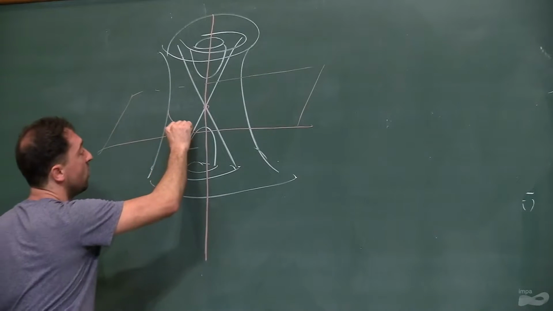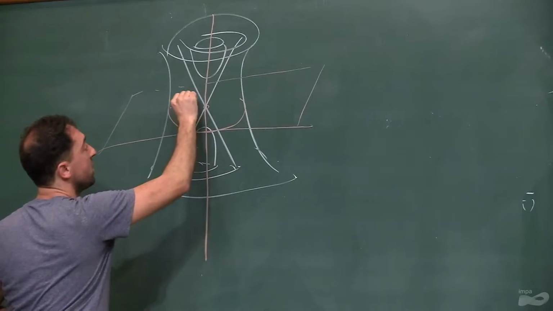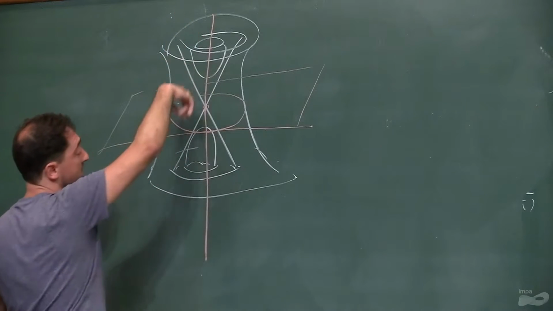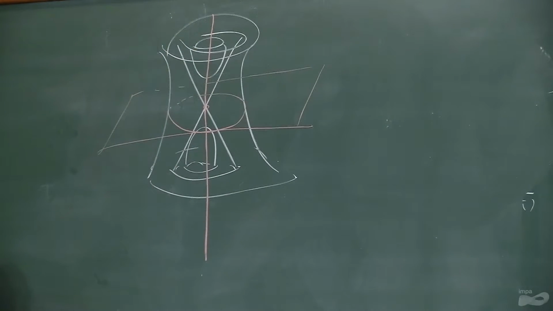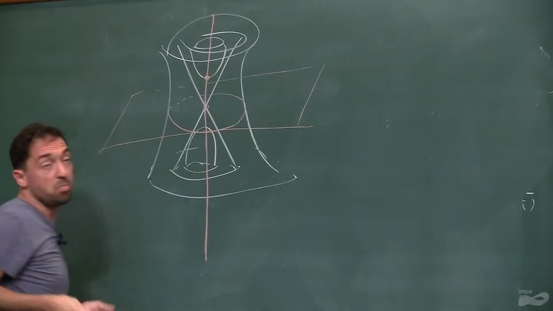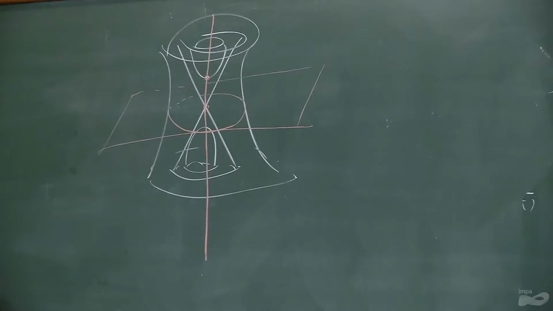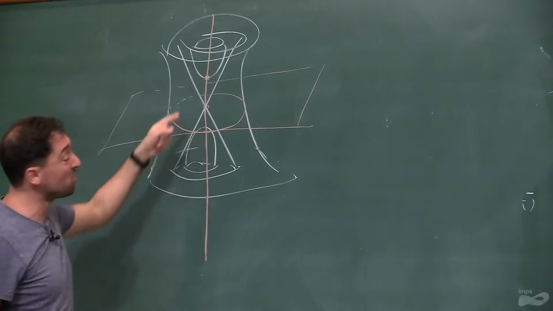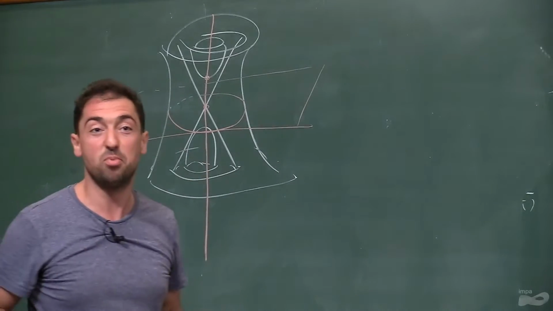Let's look at the outer ones first: they intersect them in circles, and the cylinders are homotopy equivalent to these circles. And the one-sheeted hyperboloids, they intersect them in points. And these leaves are just plain, so they are homotopy equivalent to points, right? And what happens on the cone is a bit of a problem there.